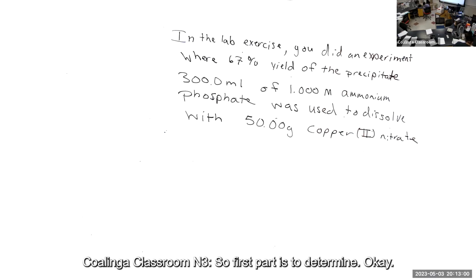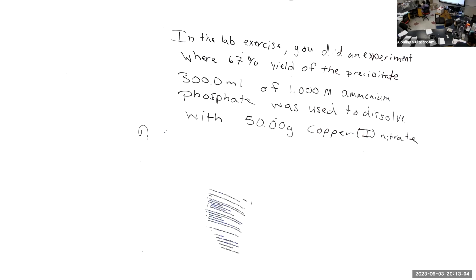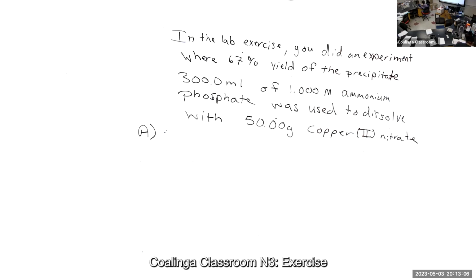Okay. So the first part is to determine the chemical equation. It says in the lab exercise, you did an experiment where 67% yield of the precipitate, 300.0 milliliters of 1.00 molar ammonium phosphate is reacted with 50.00 grams of copper(II) nitrate.